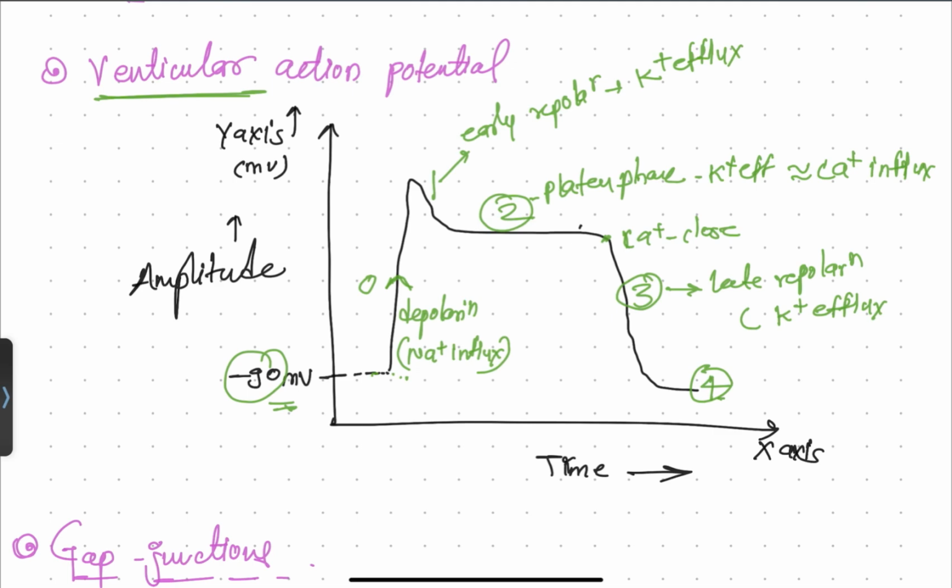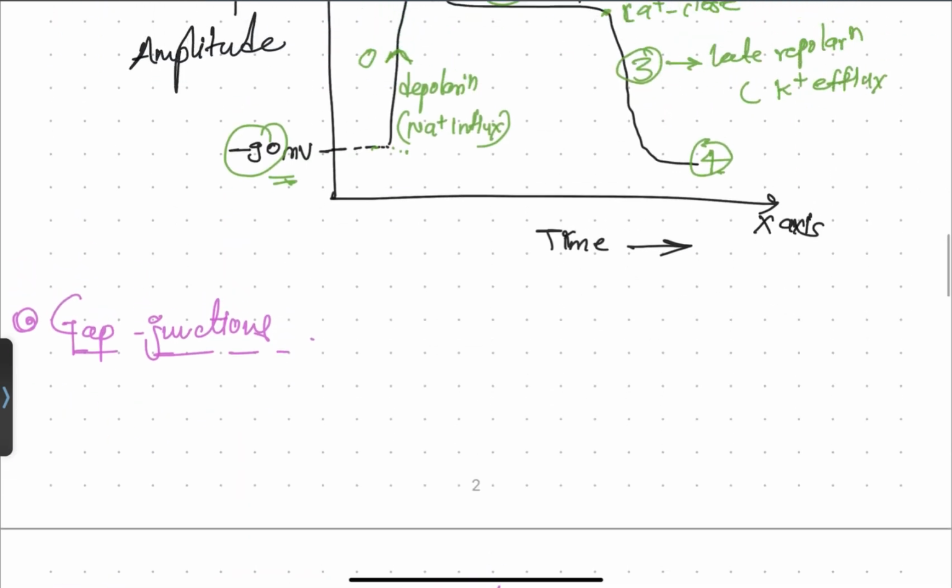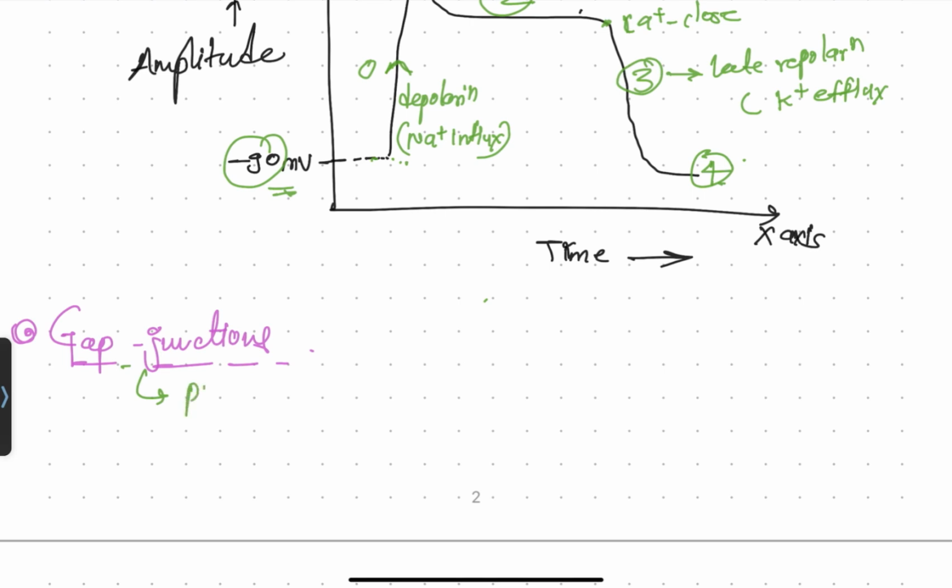Okay, so now what we have is something called gap junctions. These are present in the intercalated disc in the cardiac muscle.